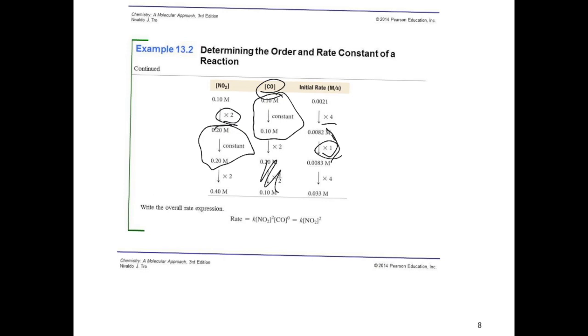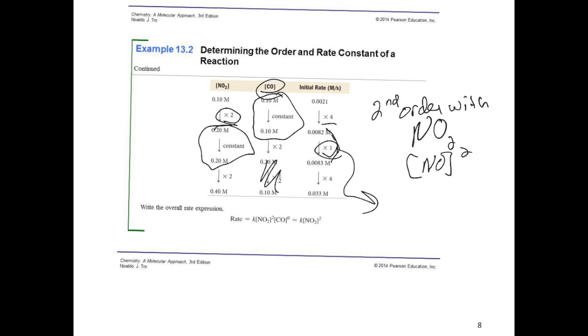So what that means is that we are second order with NO2. In other words, we got this going. And since we got no change with CO, it's zero order, because rate doesn't change.